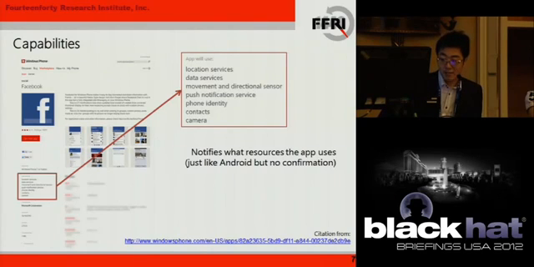One thing I'm a bit worried about is there's no confirmation like Android when you install the application. Instead, Windows Phone applications are completely separated, and unlike Android, resources are managed by capabilities very strictly.